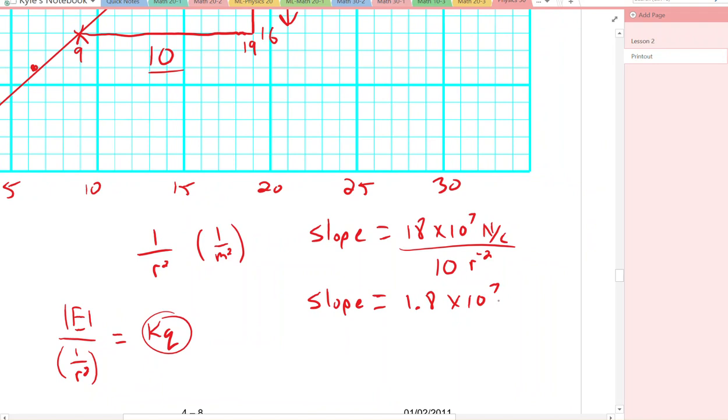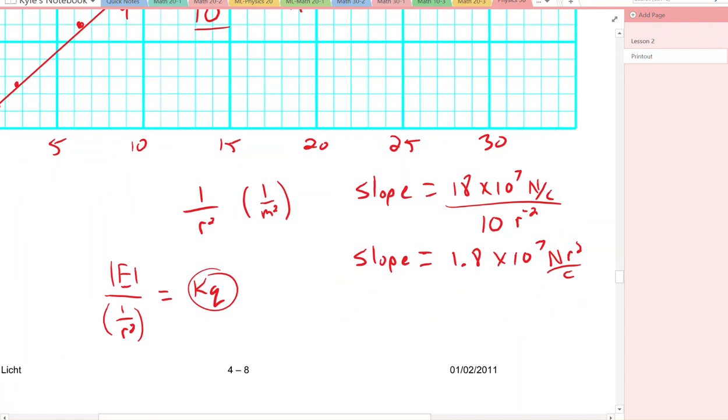I'm going to write this as newtons times r squared over c, because dividing by a fraction is the same as multiplying by the reciprocal. So those are my units so far. Remembering that the slope, KQ, is equal to 1.8 times 10 to the 7 newtons times r squared over coulombs.